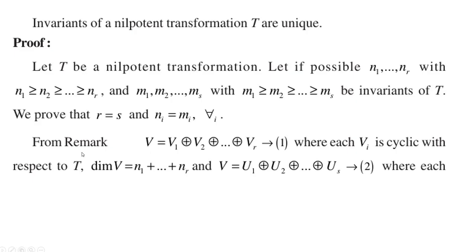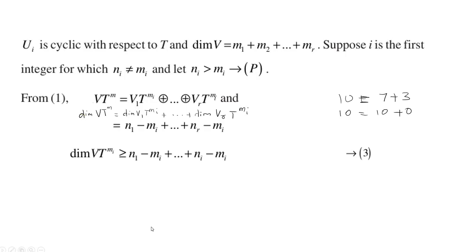Now from the remark that was made just now, V is the direct sum of Vi's, where each Vi is cyclic with respect to T. We have the dimension of V to be n1 plus and so on nr, and V is also written as a direct sum of Ui's, where each Ui is cyclic with respect to T, and the dimension of V is m1 plus m2 and so on ms.